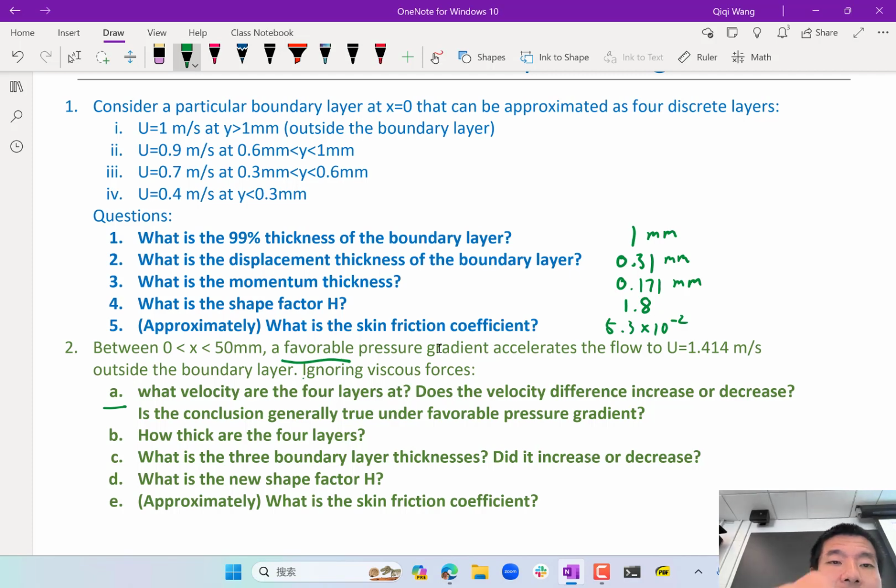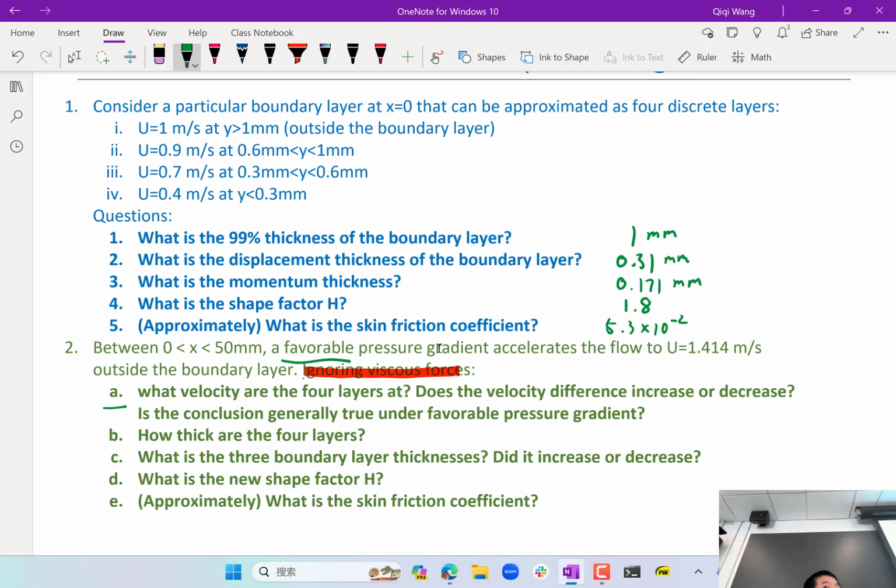And here, let's make sure we are ignoring the viscous forces. Ignoring the viscous forces means the only force you have to consider is the pressure force. And also, if we ignore viscous forces, can we use Bernoulli? Can I use Bernoulli?